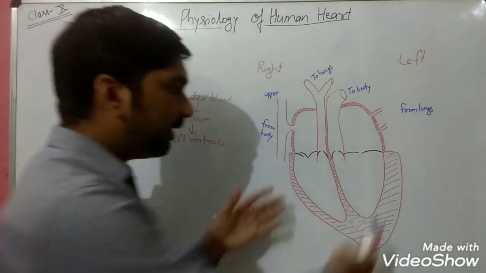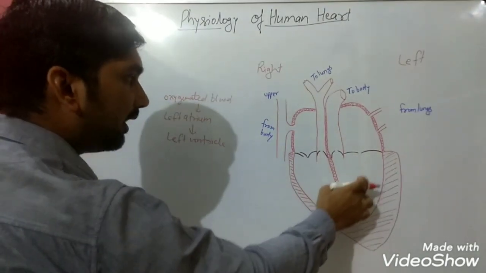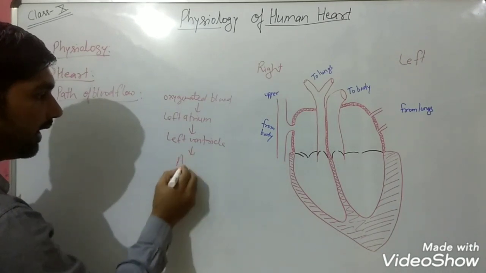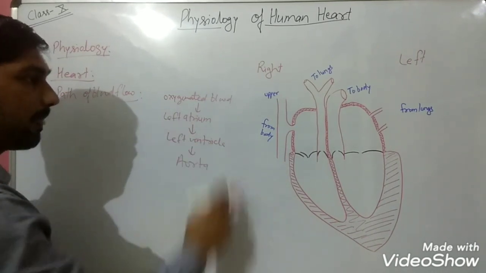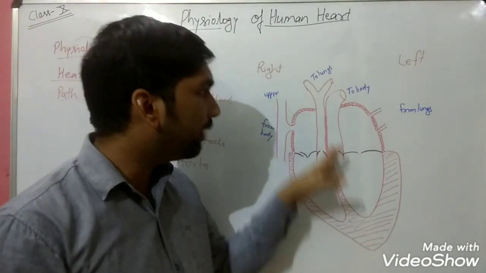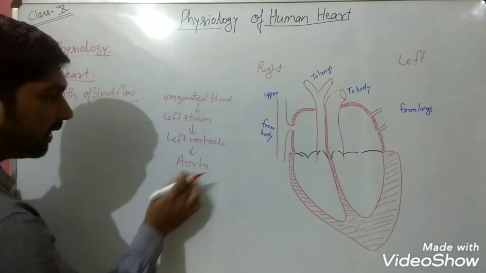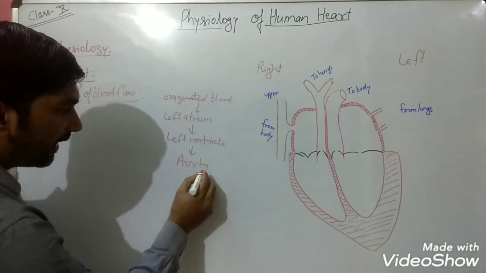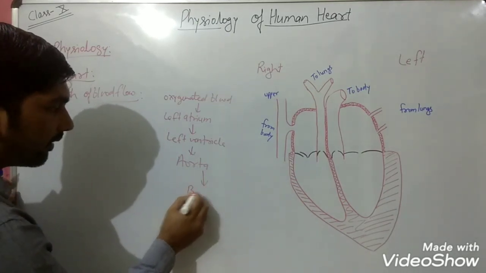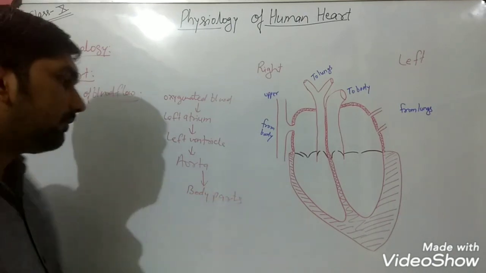Now, when the lower chambers contract, when the left ventricle contracts, the blood goes into the main artery, known as the aorta, and from the aorta the blood is distributed to body parts.